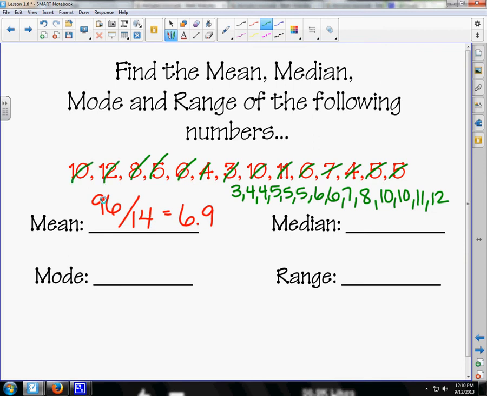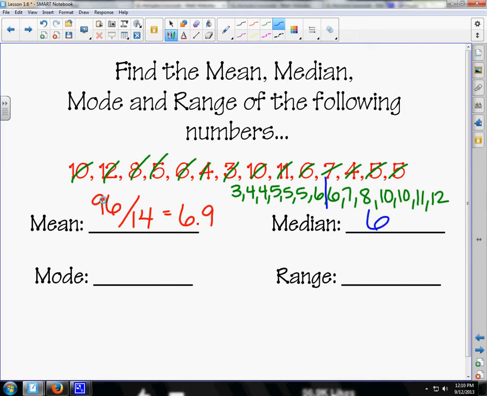I have 14: 1, 2, 3, 4, 5, 6, 7, 8, 9, 10, 11, 12, 13, 14. Always double check. Then you're going to find the middle, however you like to do it. I use my fingers. And the middle is 6, so that is the median.